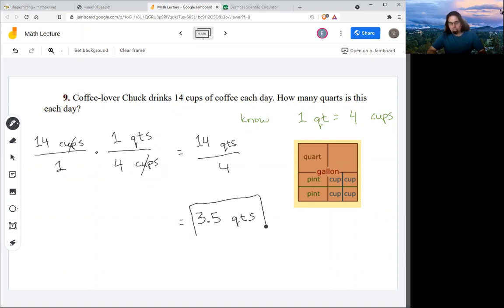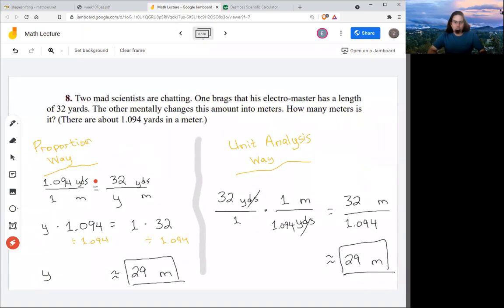Now for a few of these, if you are good at them because you've been doing a lot of them, you just know, am I supposed to divide or am I supposed to multiply? The whole reason that we're doing these proportion or unit analysis is the physical writing it on the page tells us when do we multiply and when do we divide, so we can't get that wrong.